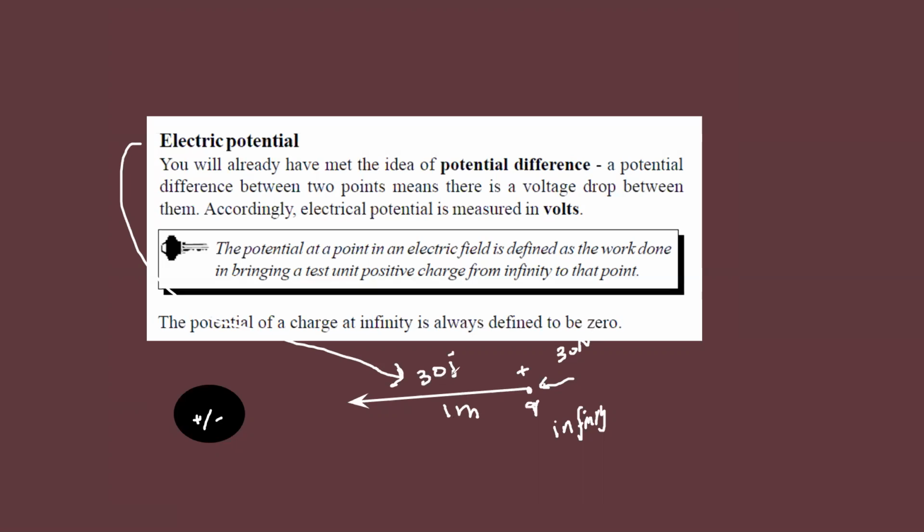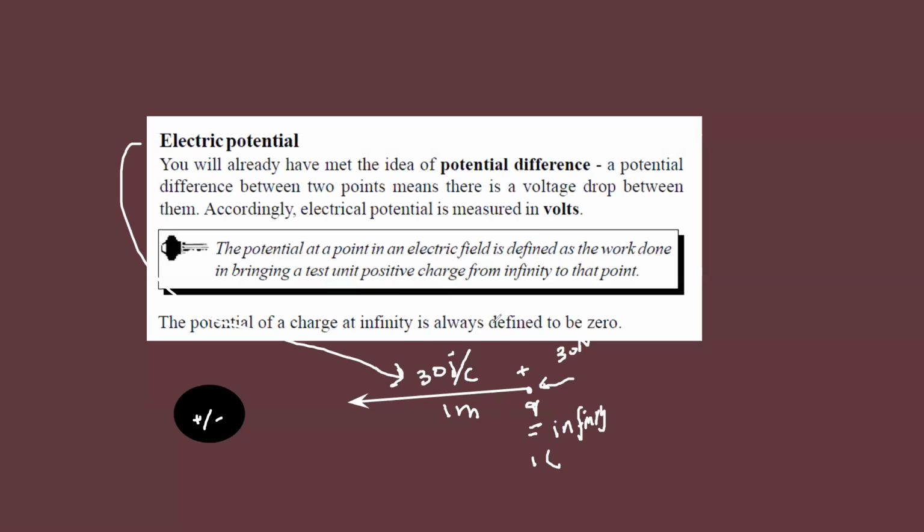Electric potential is joules per coulomb, like for each coulomb. So 30 joules divided by the charge, which in the example was 1 coulomb. So 30 joules per coulomb, which is also known as electric potential.